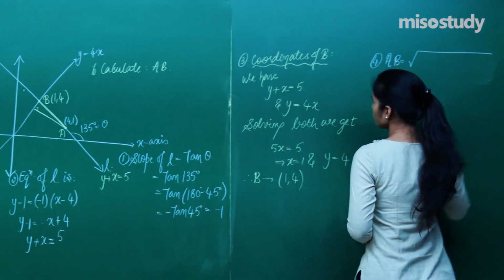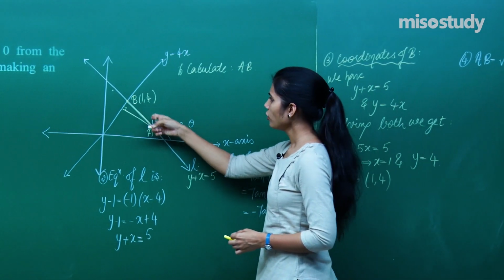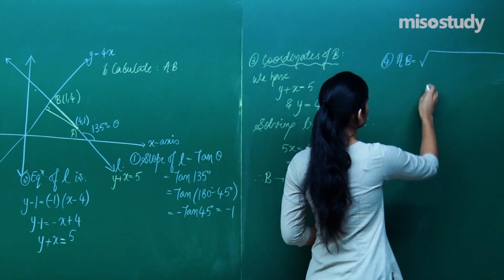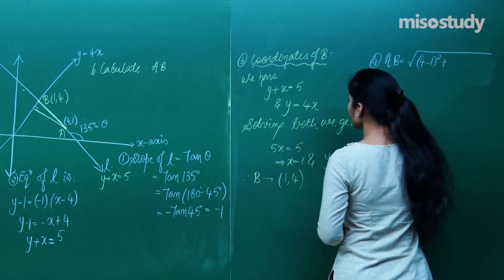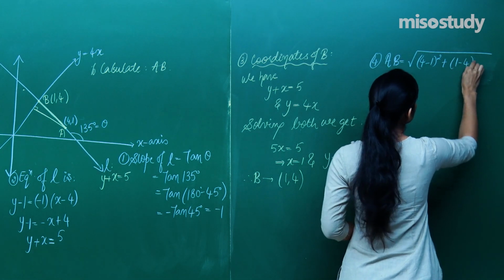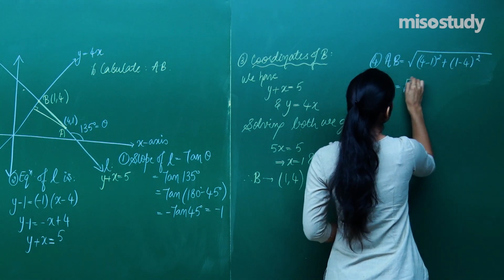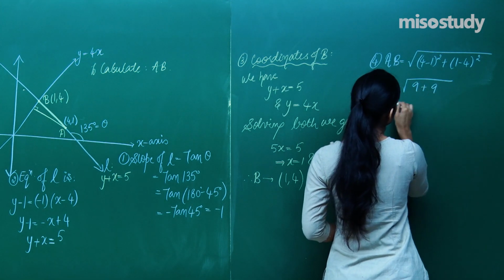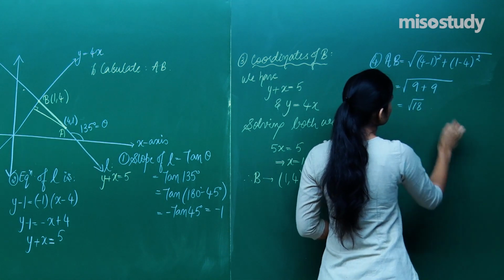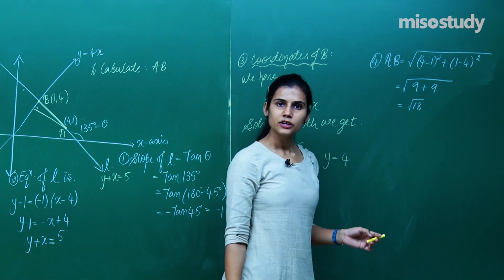Under root of x2 minus x1 whole square, 4 minus 1 whole square, plus 1 minus 4 whole square, y2 minus y1 whole square. 3 square is 9, again 3 square is 9, this is root 18. Fine.